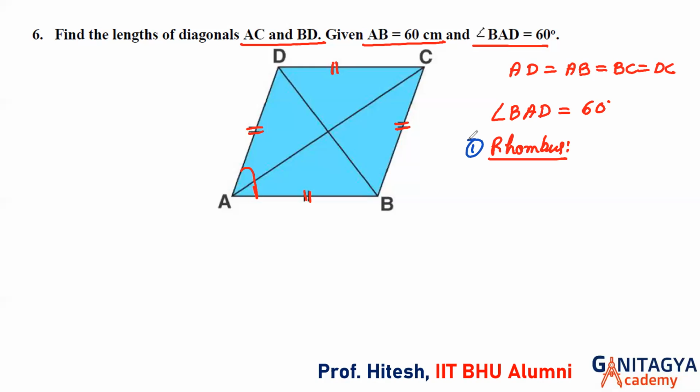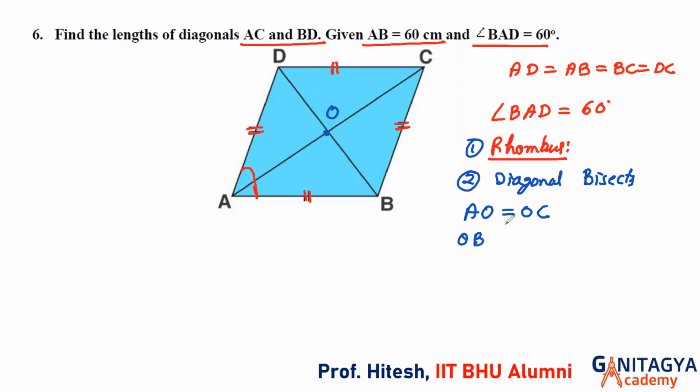Understood? So diagonal bisects. Number two, diagonal bisects. Okay, so what does it mean? If this point is, let us say O, so we must say AO equal to OC.